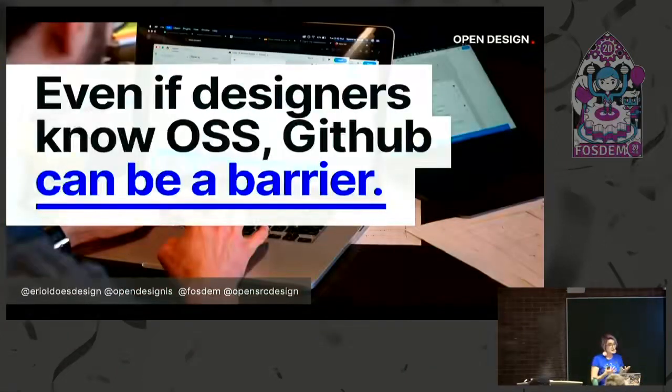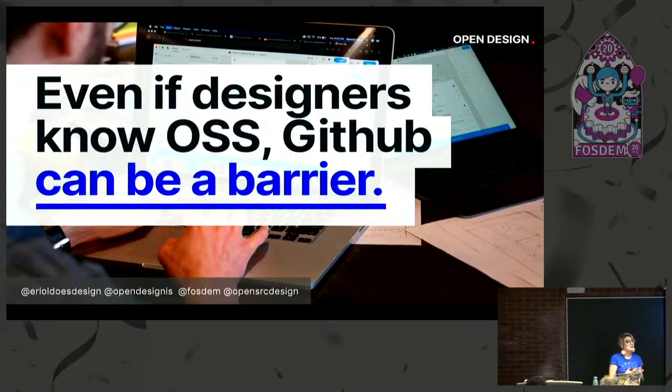So if designers know open source, then one of the things that can be a huge barrier is the existence of things like GitHub or GitLab, and even just the superficial interface and how we use those systems to host and build and communicate our open source projects. Most of the designers that I work with on these projects, as soon as you open up a GitHub issue, there's an apprehension, a kind of sharp intake of breath about how to just get started with interacting.